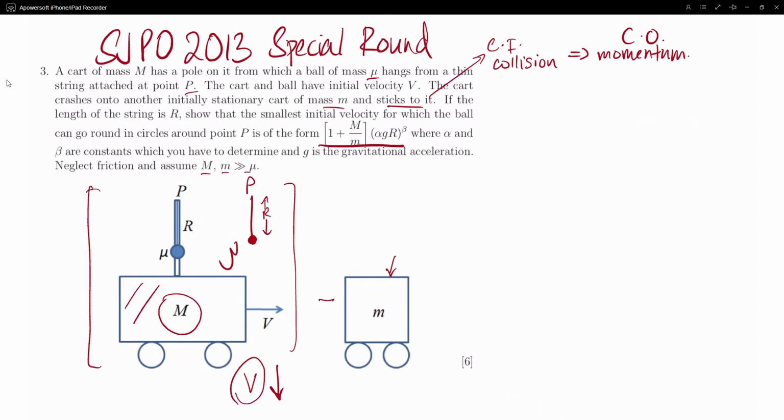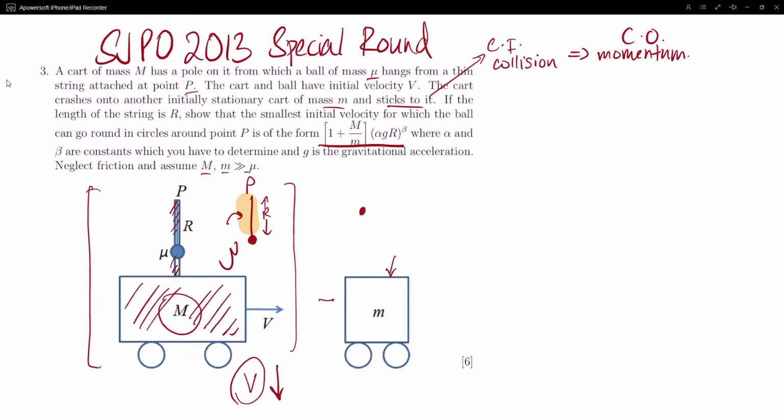Both this card and this string is rigid, meaning that its velocity will instantaneously decrease. But this string here that I'm highlighting is not rigid, meaning that for that moment, its velocity is still going to be the original.